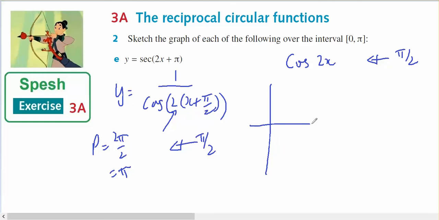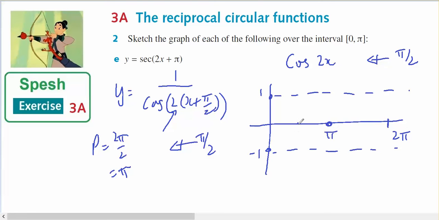So the cos of 2x would start at 1, go down to negative 1. 2x has a period of pi, so if I go up to 2 pi and come back to pi, then that's pi on 2, that's 3 pi on 2, this is what the cos of 2x would be like.